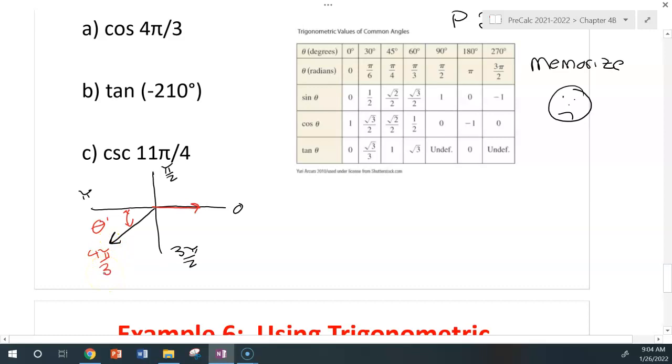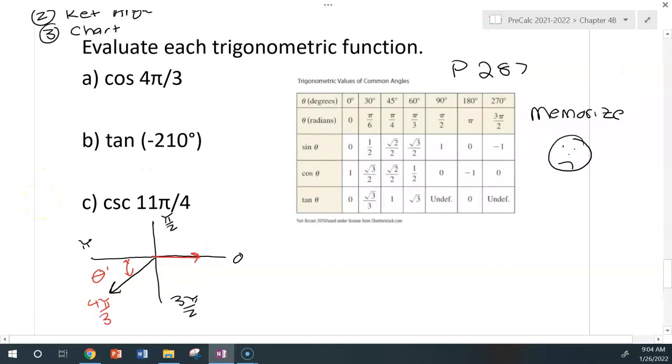To get that reference angle, I'm going to do 4 pi over 3 minus pi. That gives me pi over 3. So I know that I want cosine of pi over 3, which is 1/2.